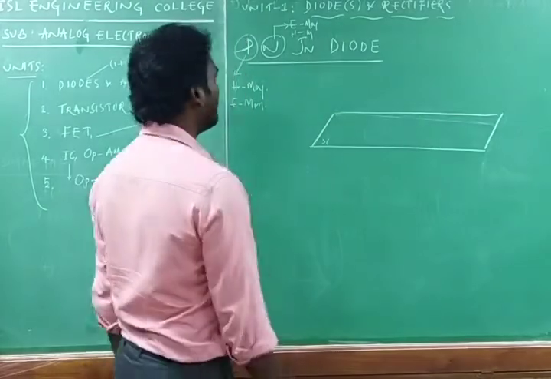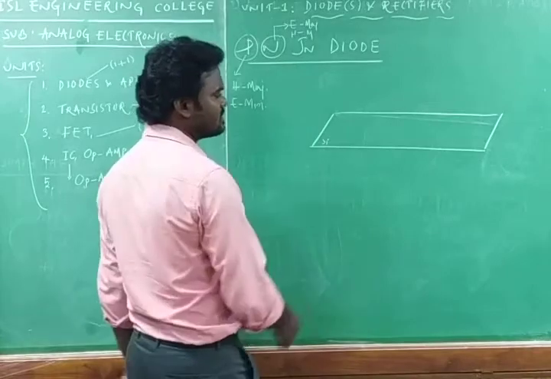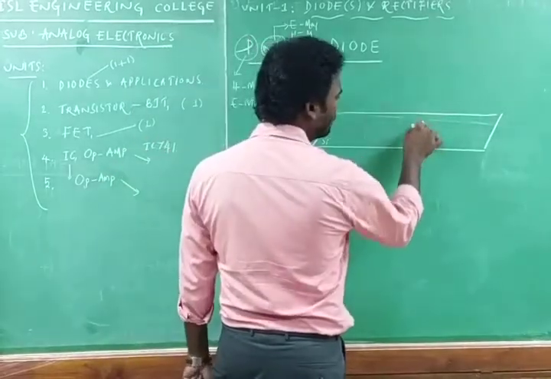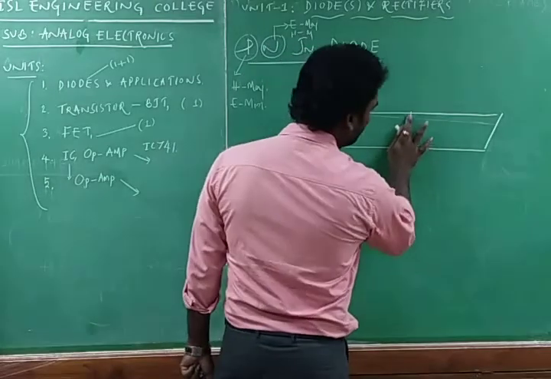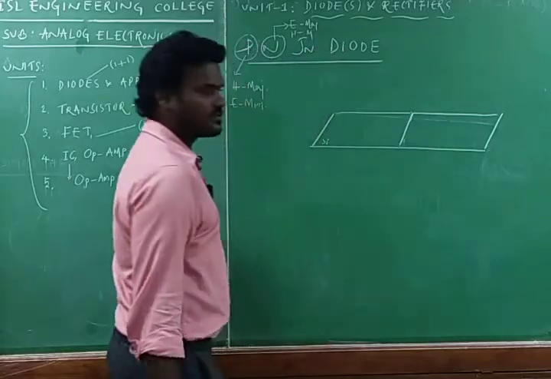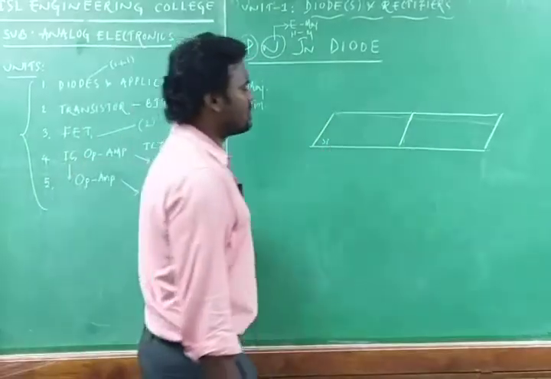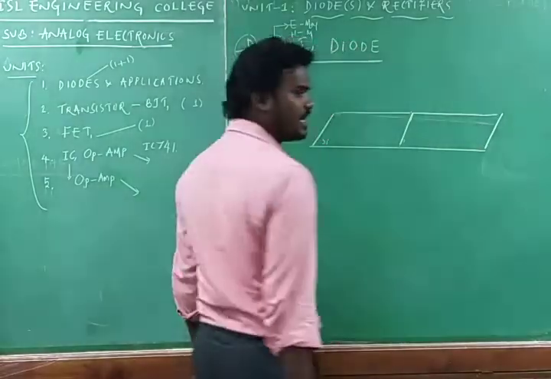So here we should create the two semiconductors in the silicon. By using a cross section, we are dividing this into two equal halves. In this region we should create the p-type semiconductor, in this region we should create the n-type semiconductor.